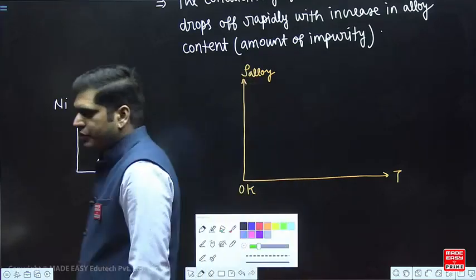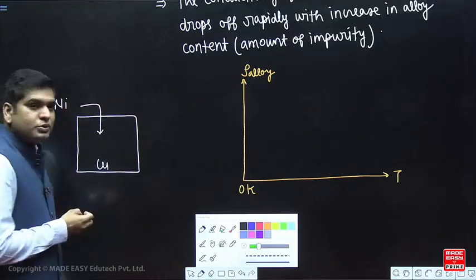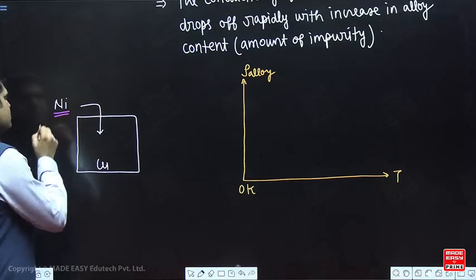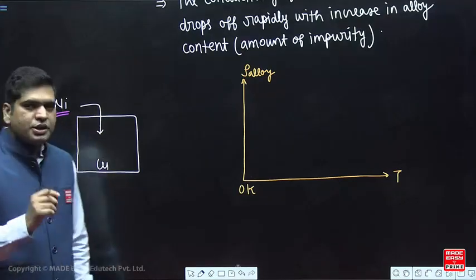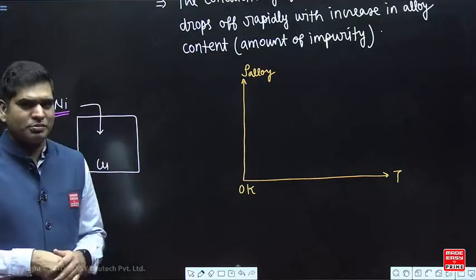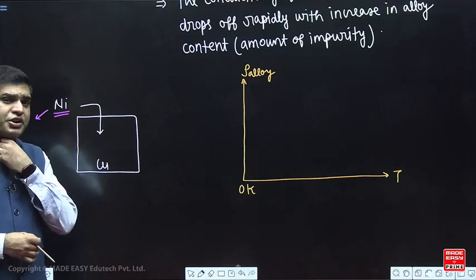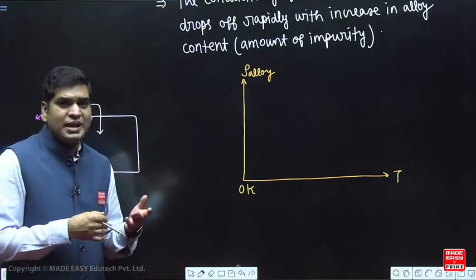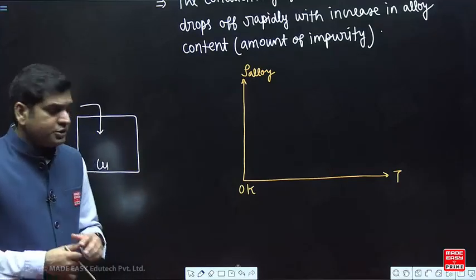My dear friend, one very important thing. No matter whether we are at 0 Kelvin or 200 Kelvin or 300 Kelvin, if there is, suppose, 2% nickel, then this 2% nickel will provide a certain amount of scattering independent of temperature. First of all, ignore the temperature. This 2% nickel will always provide a certain amount of defects, and those defects will scatter the electrons, because of which you will definitely have a certain amount of resistivity.